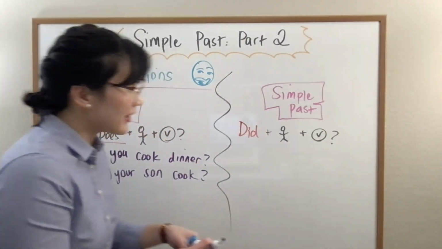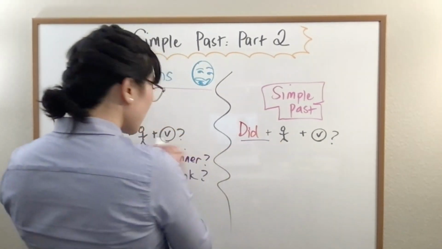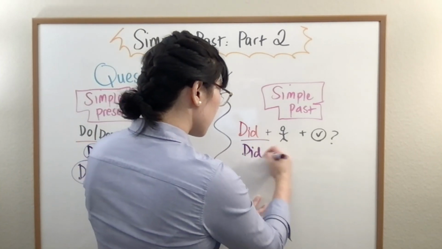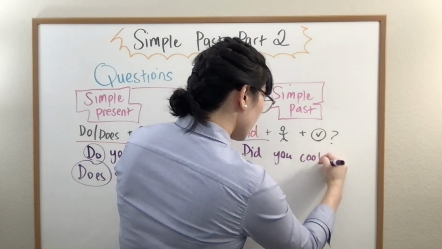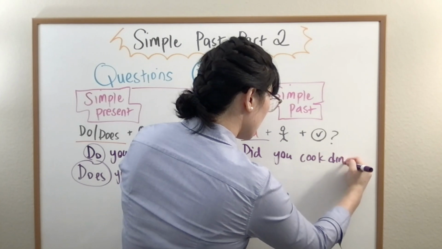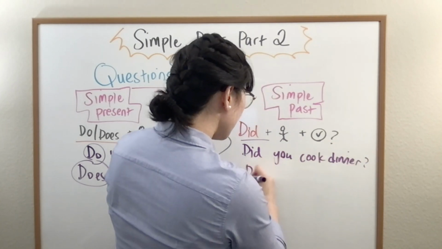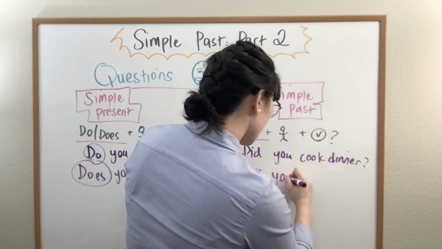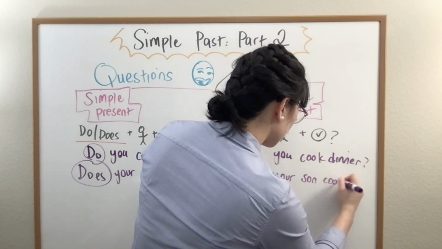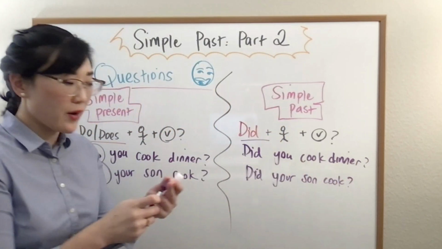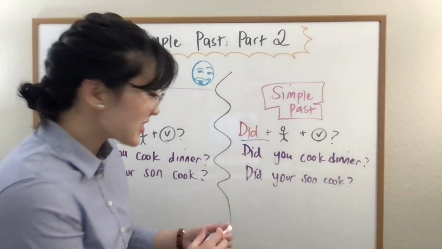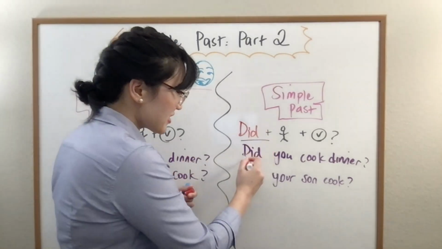Now on this side, if I say did, same question. Did you cook dinner? Did your son cook? One good part that I like about the past tense is this is the same.